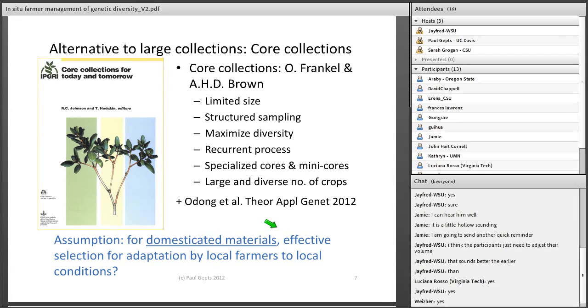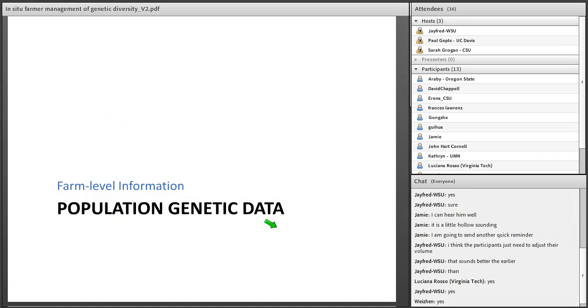In the US, you have the USDA National Plant Germplasm System, and you see on the right side at the bottom here some of these stations of the USDA, in different environments, depending on the adaptation of the different crops and so on. And there are also national, international banks. Brazil, for example, has a whole series of gene banks as well. In Europe, you have them, in Japan, and so on.